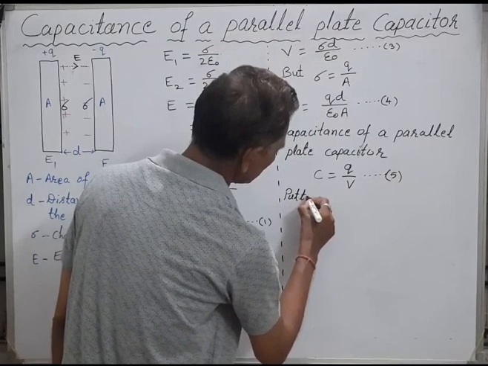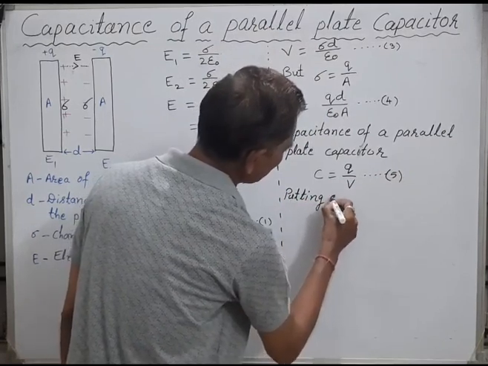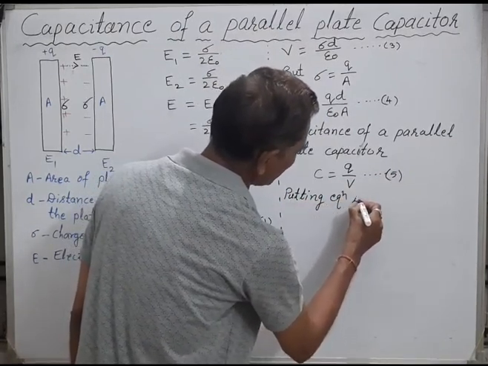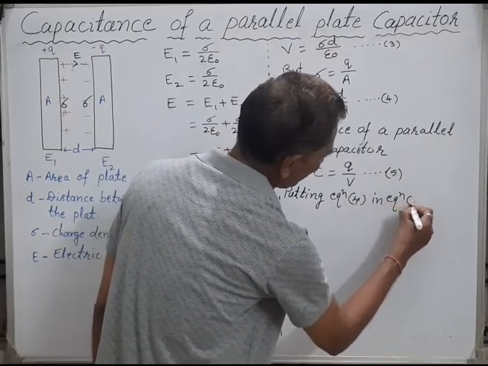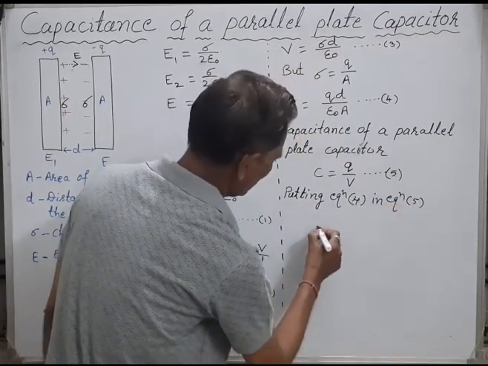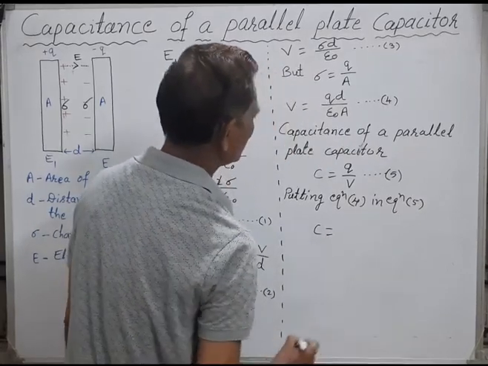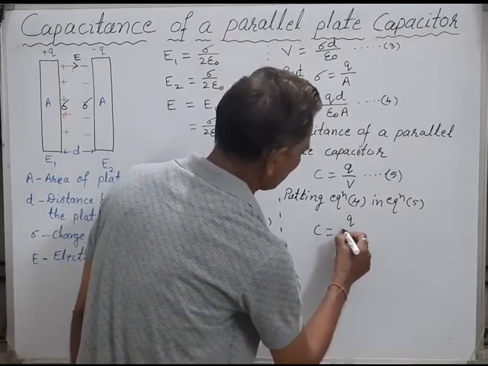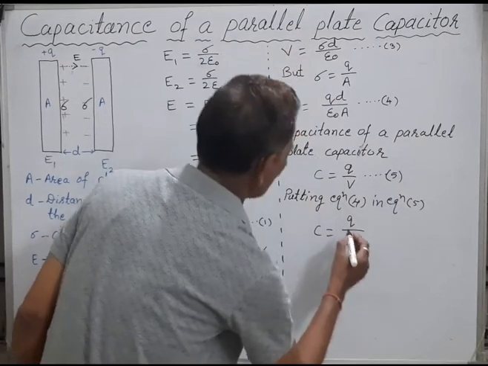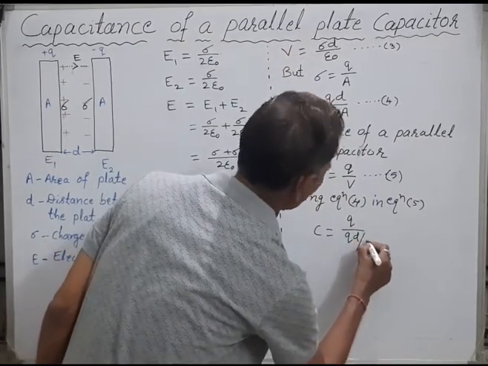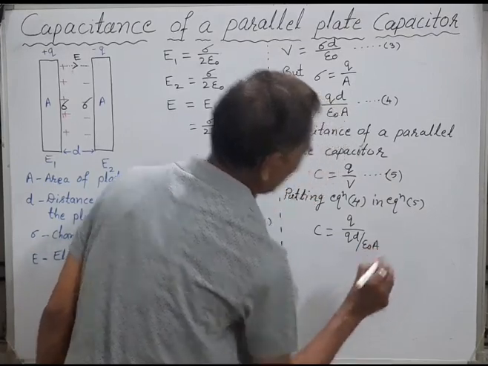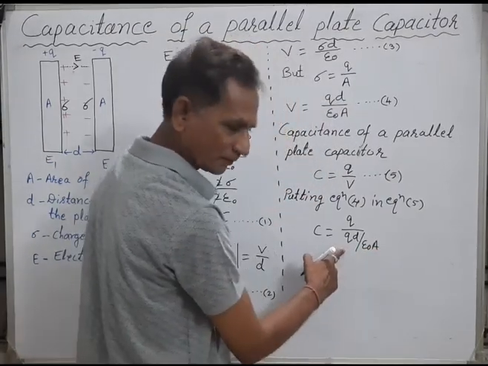Putting equation 4 in equation 5, we get C is equal to Q divided by the potential value Q d divided by epsilon naught A. I think you are following here.